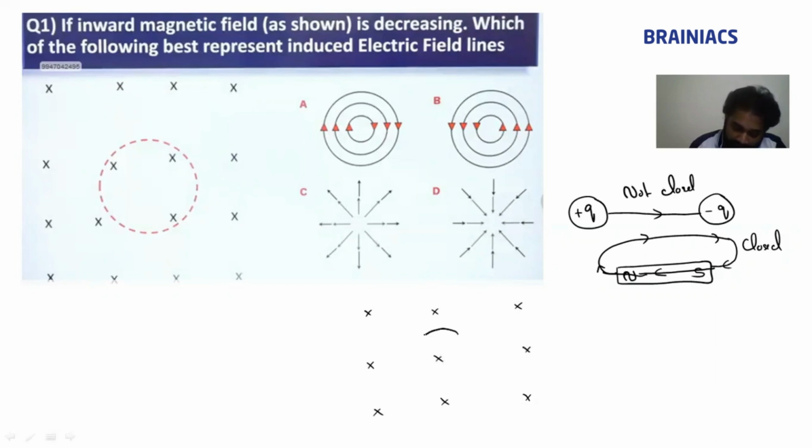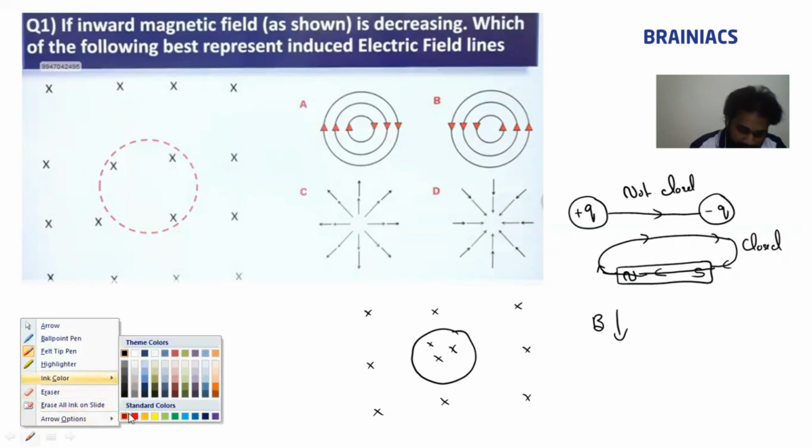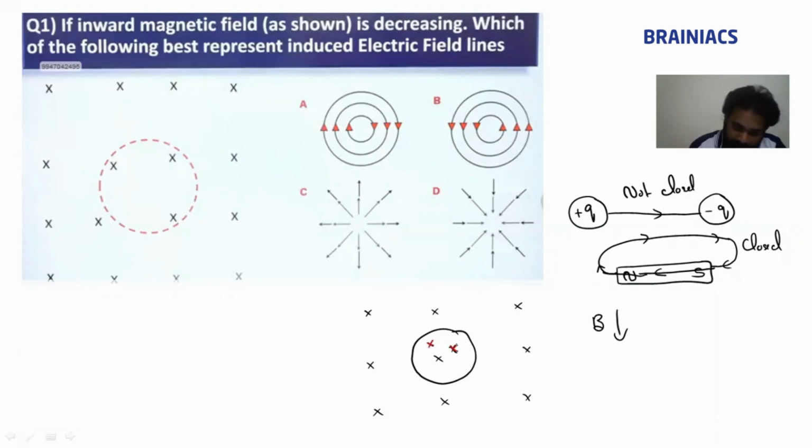If the inward magnetic field B is decreasing, then the induced magnetic field will be in which direction? It will also be in the crossed direction, going inside. The magnetic field direction will be into the paper. Correct.